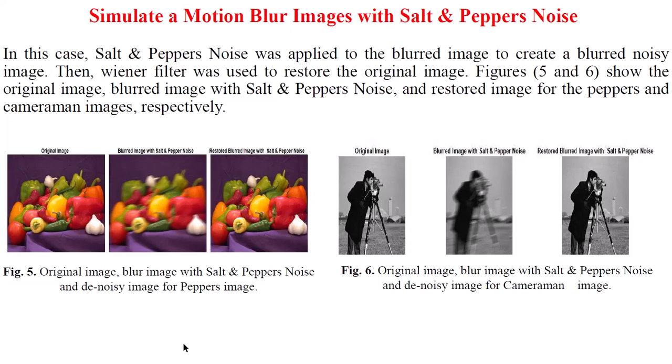The resulting image is a blurred image with salt and pepper noise. Then we use the Wiener filter to remove the blur and noise to restore the original image. This is also shown in figure 5 and figure 6.